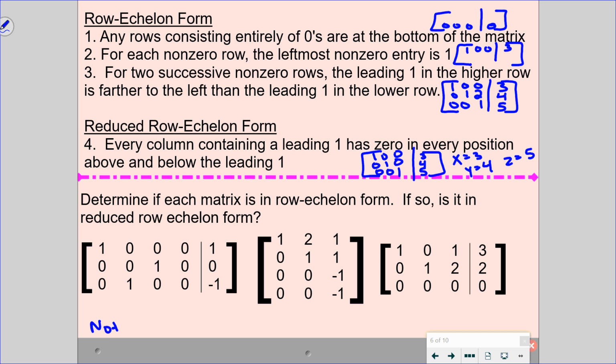And if it's not in REF, then it can't be in reduced row echelon form, or RREF, as I like to call it, either because these two rows are essentially flipped. The 1 that's in the very bottom would actually have to be in the second equation in the middle for it to be in both reduced or regular echelon form.